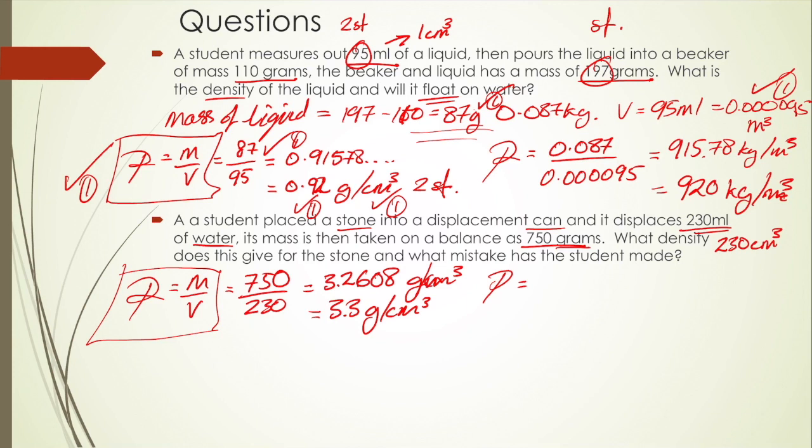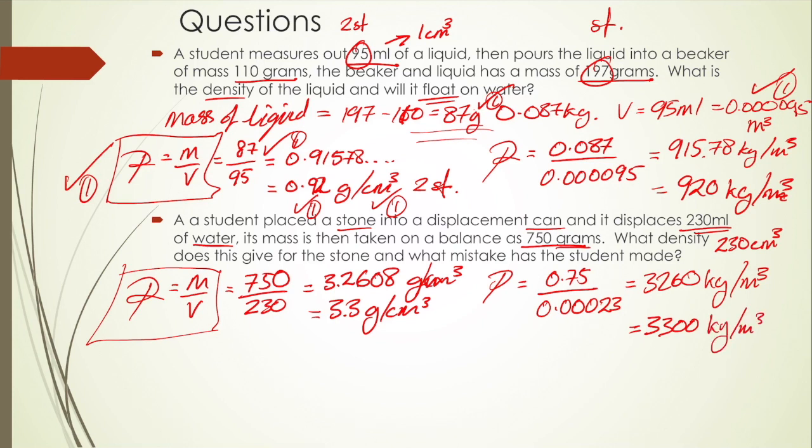Its mass is 0.75 in kilograms, and the volume is 0.00023 in cubic metres, which gives us an answer of 3260 kilograms per metre cubed, which is 3,300 kilograms per metre cubed to 2 significant figures.